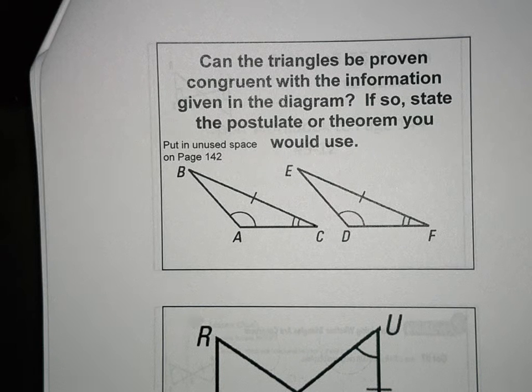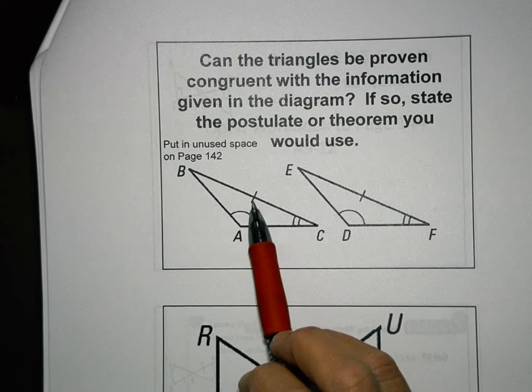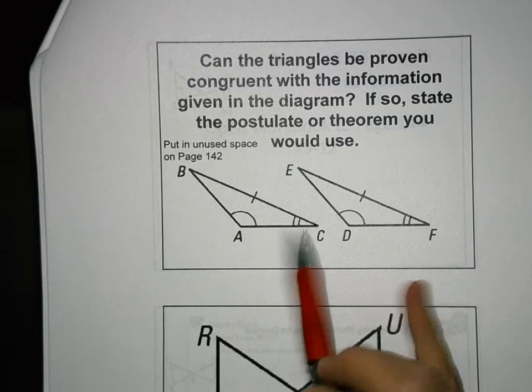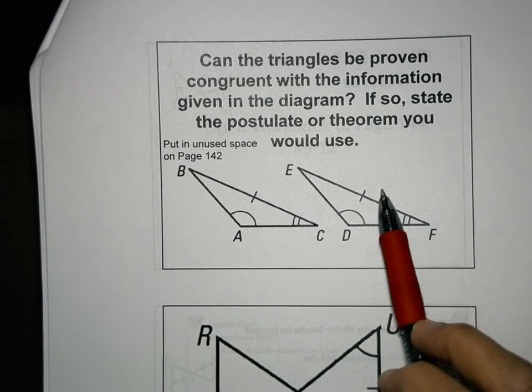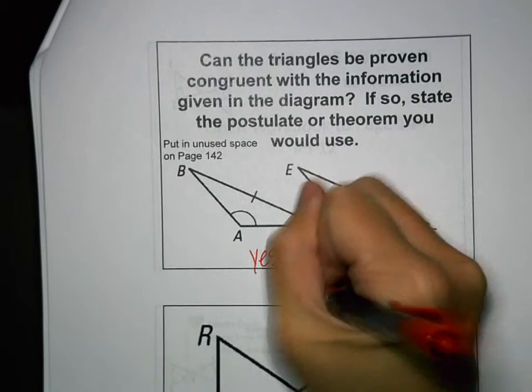And yes, these go in an order, okay? Angle and angle is on one side, right? And then you have the other side that connects to it. Angle, angle, side. So the answer is yes by angle, angle, side.